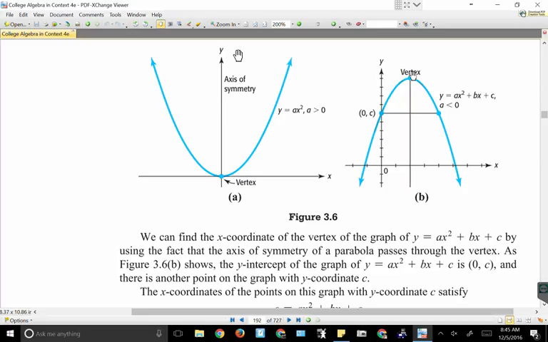Now, knowing where the vertex is and knowing what other point automatically tells us where a third point is. Because of the idea of symmetry, we know where the vertex is going to be at. We know that that's a line of symmetry. So if I know the coordinates are over here, I know that there's going to be an identical one over here, reflected across the axis of symmetry.